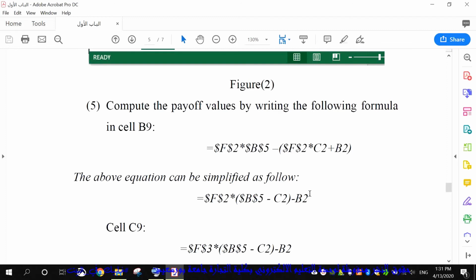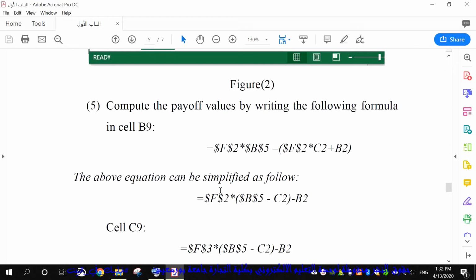So finally, we can type straightforward the following equation in cell B9, which is equal to F2 as a fixed cell, F preceded by $ sign and 2 preceded by $ sign.